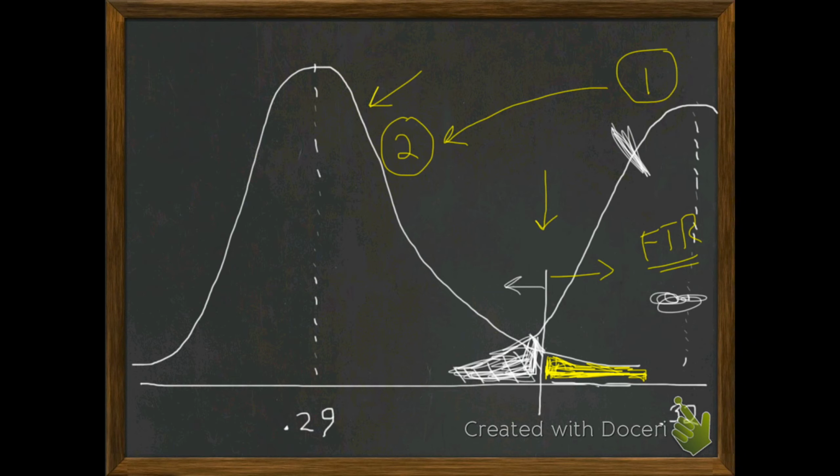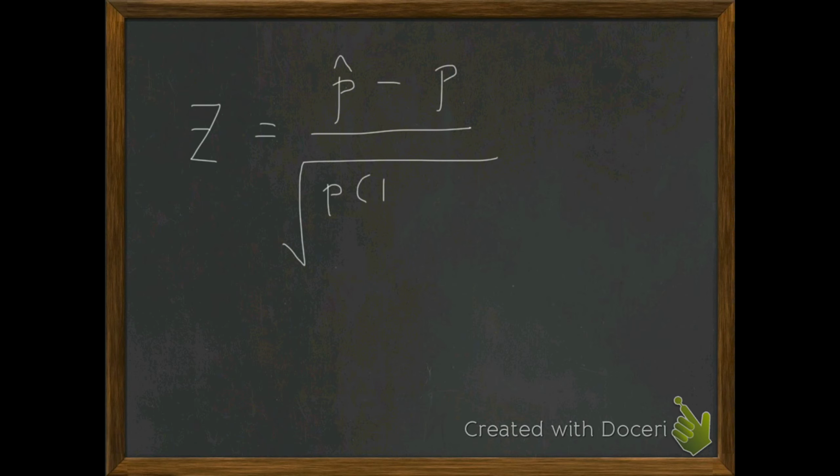But we want to find a measurement that's consistent within both distributions, and that would be a sample value. So we're going to use z equals p hat minus p over the square root of p times 1 minus p over n. Guys, remember, all of our calculations still have to be within the context of 0.32.